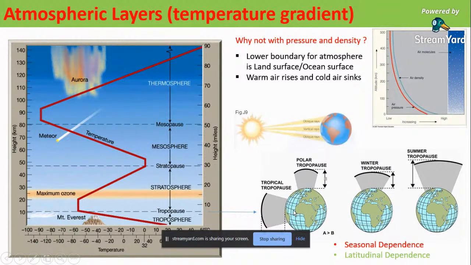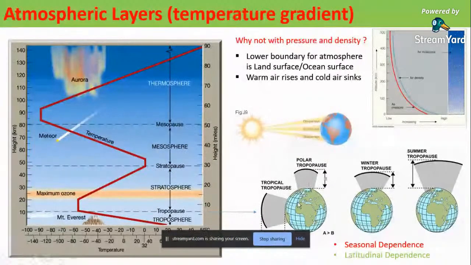Here the atmosphere is divided into latitudes and longitudes. The 0 degrees latitude is called the equator. At the equator, what is the tropopause height? And at the poles, what is the tropopause height? Because this troposphere varies with season as well as latitude.